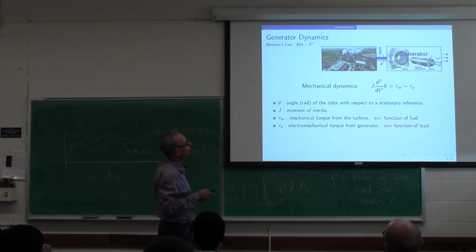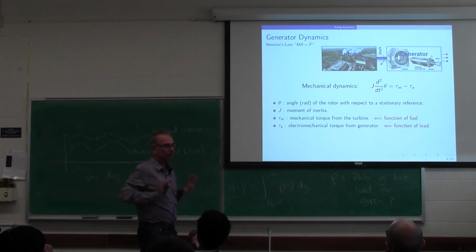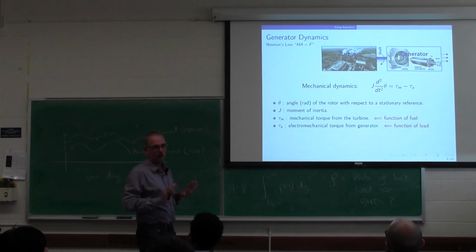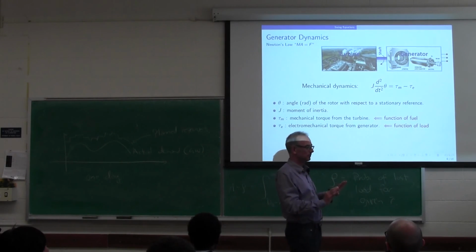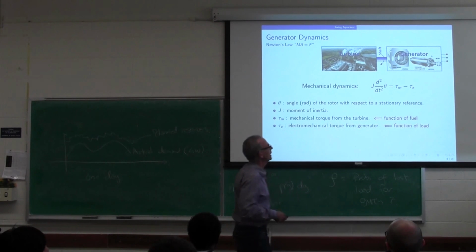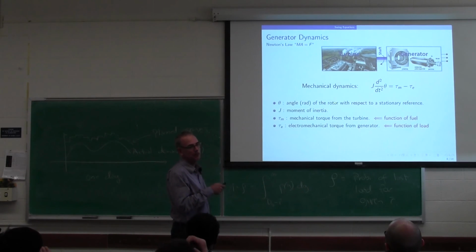But so basically, torque is force, and energy is force times distance. So power should be force times speed. Okay? And so you have to multiply both sides by speed to get power on the right-hand side.